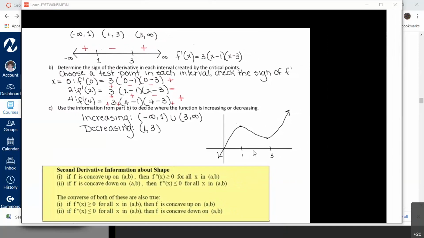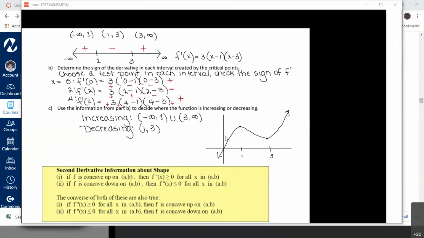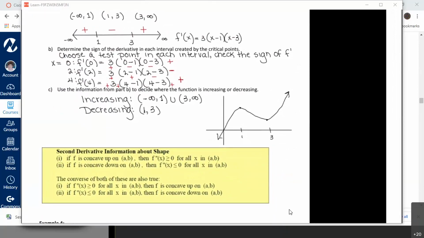So again, if you look at my graph, these y values may be somewhere else. Like this y value may be way up here. This y value may be below the x-axis. That's fine. What I'm showing you is this point. I think this was 1, 5. Because again, remember, I found the critical value.